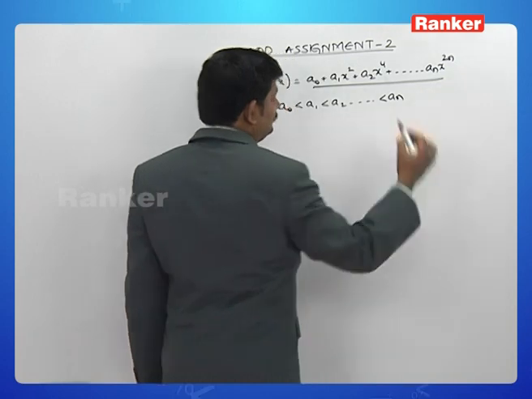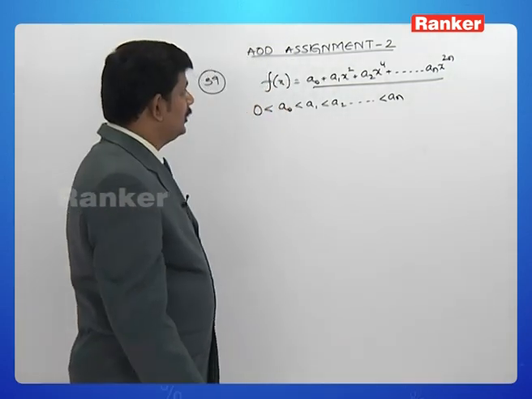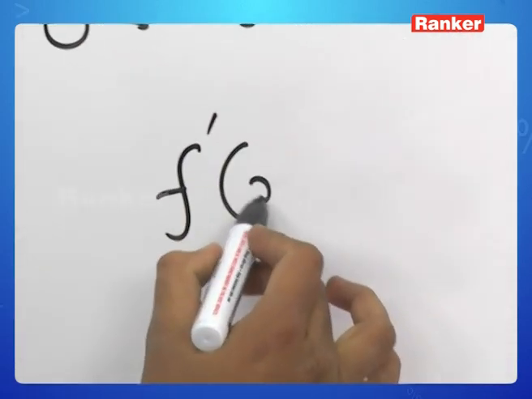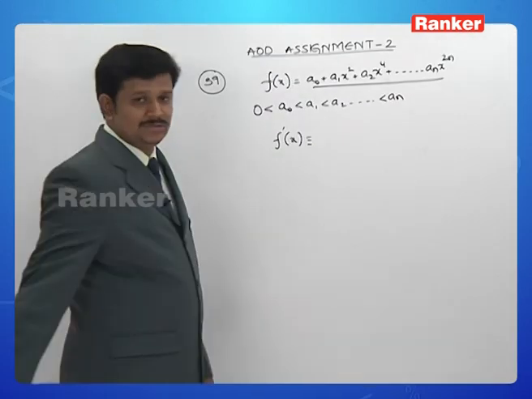This is an even degree polynomial, differentiable. So to talk about maxima minima, let us look at f dash of x.